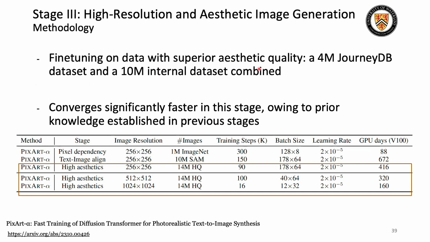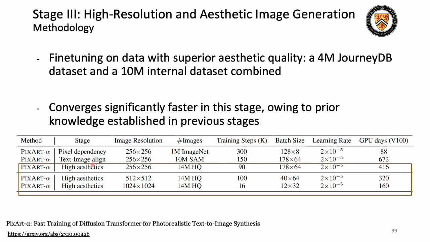The training in this stage benefits from the foundational work established in the previous stages, which results in a faster convergence. So the table shows that there are 3 scales of resolution used for training in this stage.